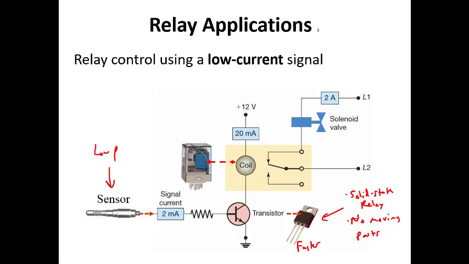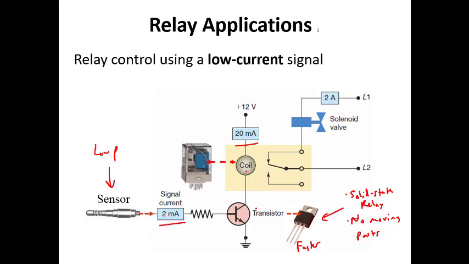Now in this circuit, this is a power amplification circuit. So we have a sensor that's connected to a transistor. And then the transistor is going to be connected to the coil of an electromechanical relay. The sensor itself doesn't have enough power to energize the coil, even though the coil is a pretty low power circuit. And so they're using a transistor to amplify the current from 2 milliamps to 20 milliamps.